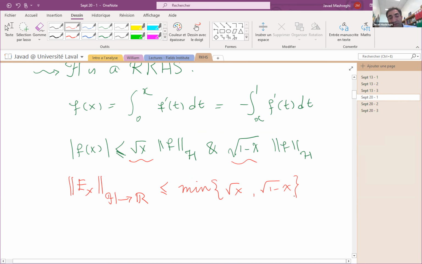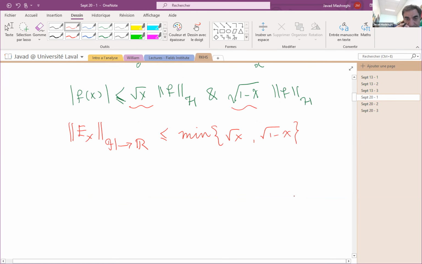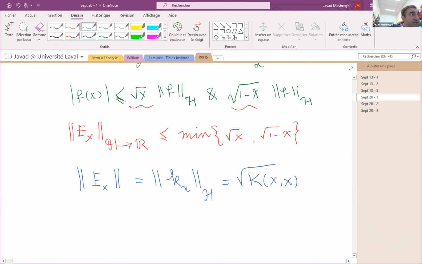So what is the norm of e_x? And here we realize the power of RKHS. I recall that after giving the definition, we saw that the norm of e_x is equal to the norm of k_x in H, which is the same as the square root of K(x, x).